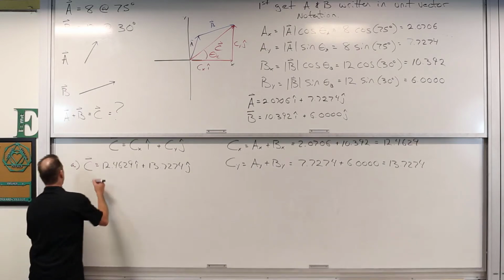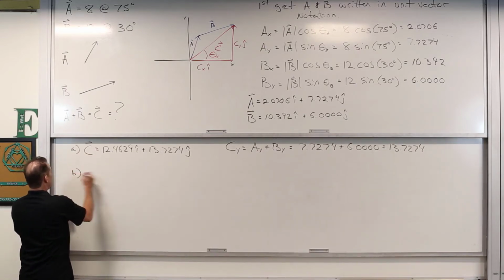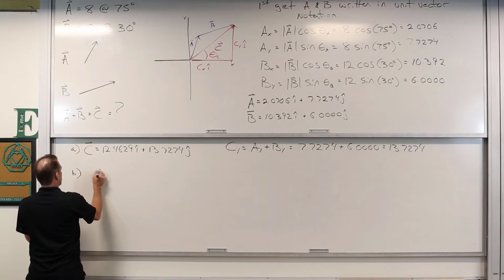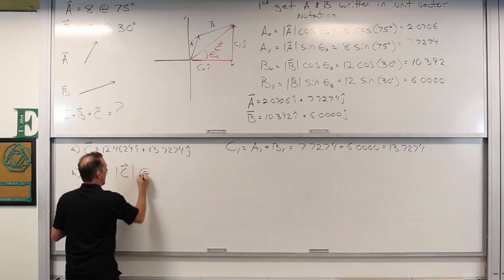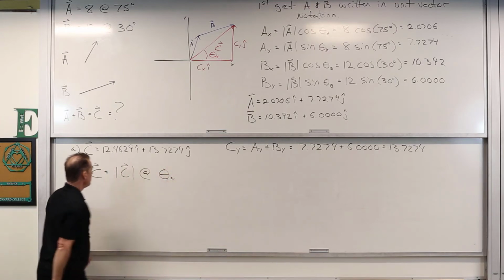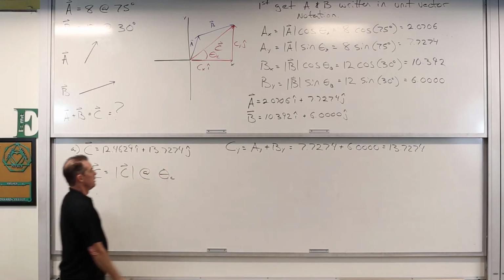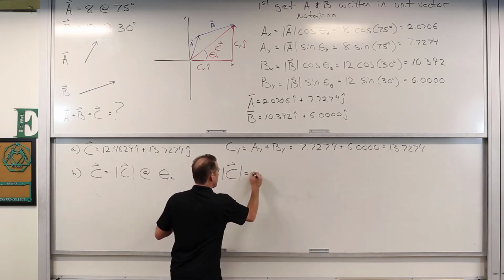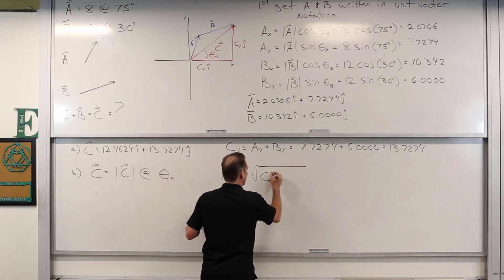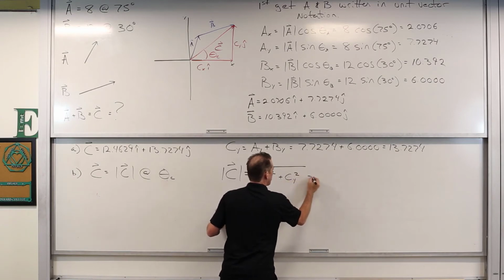So, for part B, we've got C hat being equal to the magnitude of C at theta sub c. That is what we want. So, what do we do? Well, the magnitude of C is equal to the square root of C sub x squared plus C sub y squared.